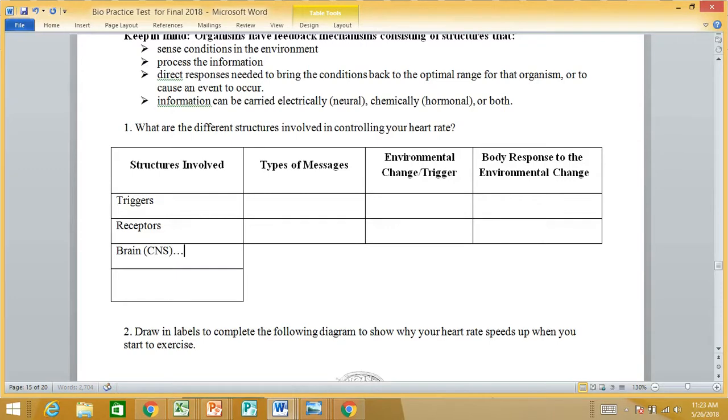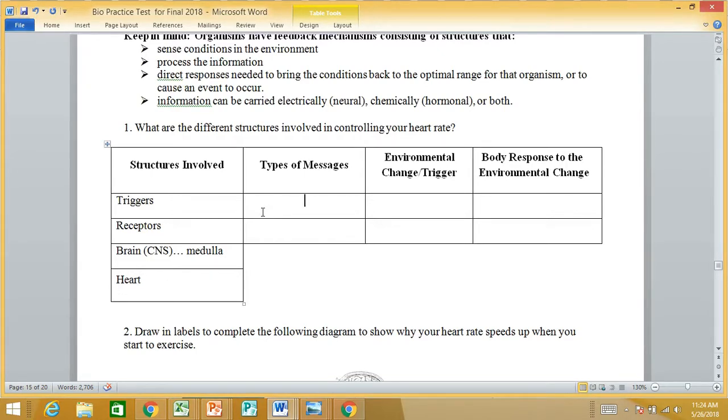And the particular part of the brain this is going to is the medulla. And then for this particular system, we also have to include the heart, because the question is asking what structures are involved in controlling your heart rate. So we'll put the heart in there.